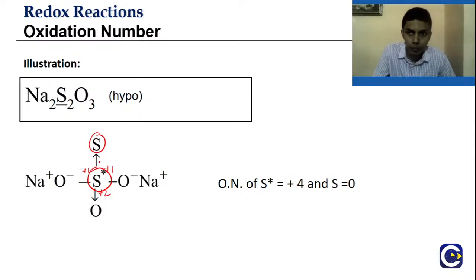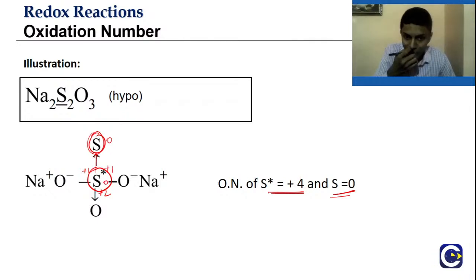From above it is 0 because both are equal, right? Whereas in case of this sulfur, it is receiving 2 electrons from the sulfur below, but both are equally electronegative. So that's why it will be 0 and 0. So the above sulfur has 0 and S star will have plus 4.